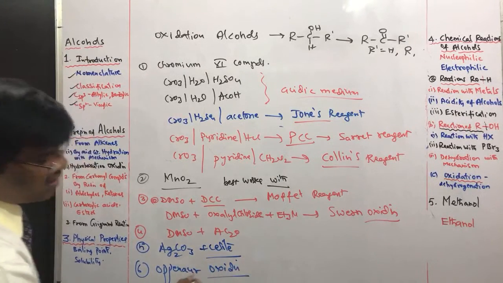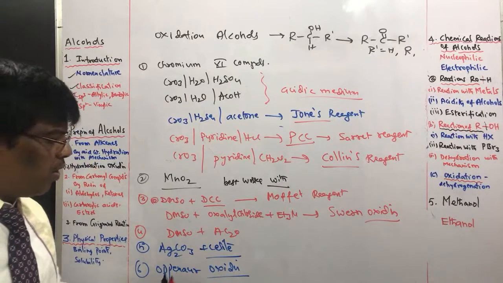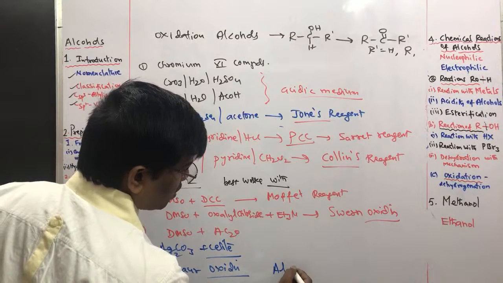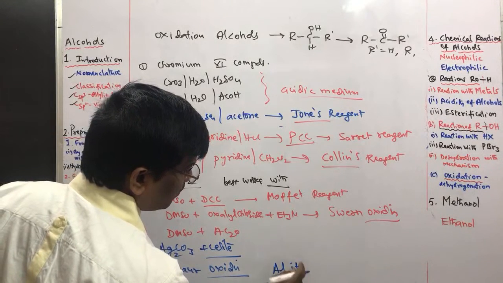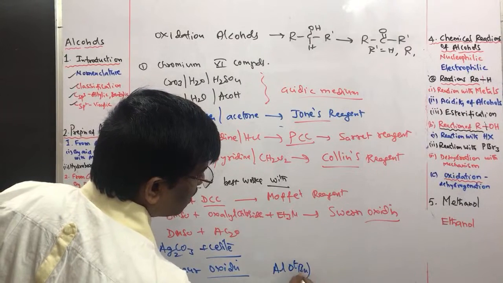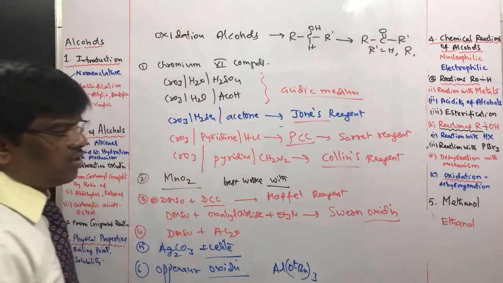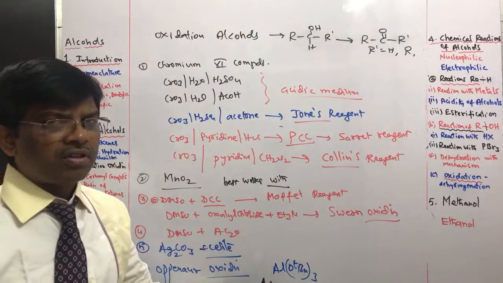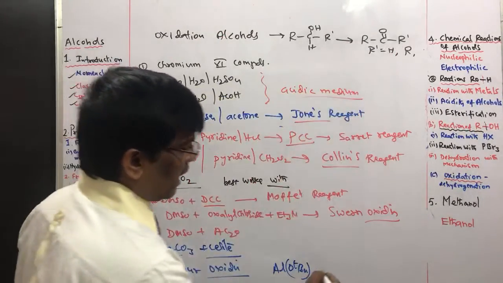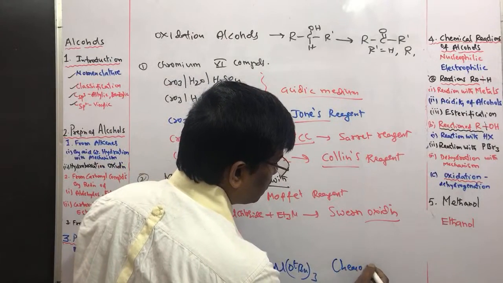It is a reversal of MPV reduction. Oppenauer oxidation uses aluminium isopropoxide or aluminium tertiary butoxide. This aluminium tertiary butoxide oxidizes alcohols to carbonyl compounds. It is chemoselective.